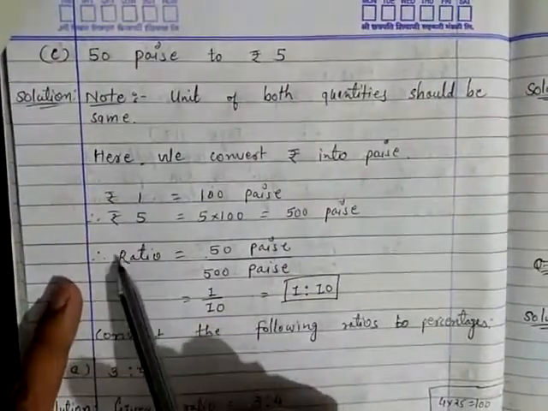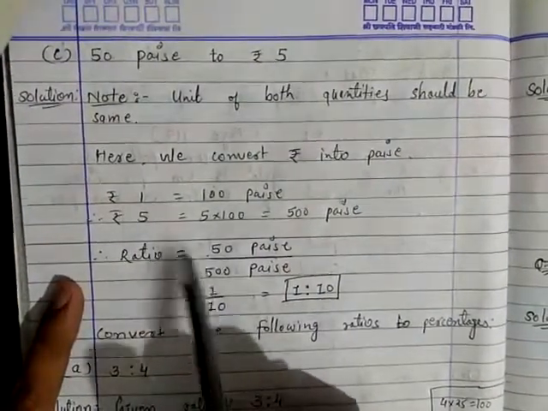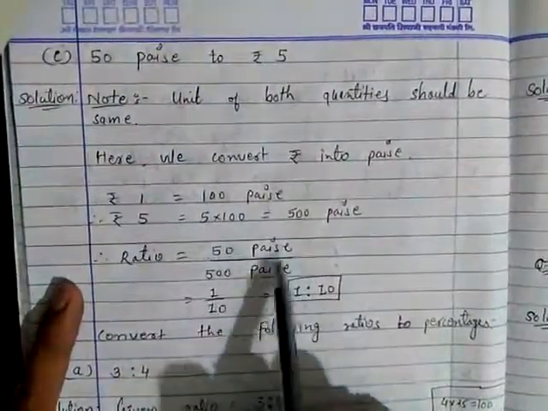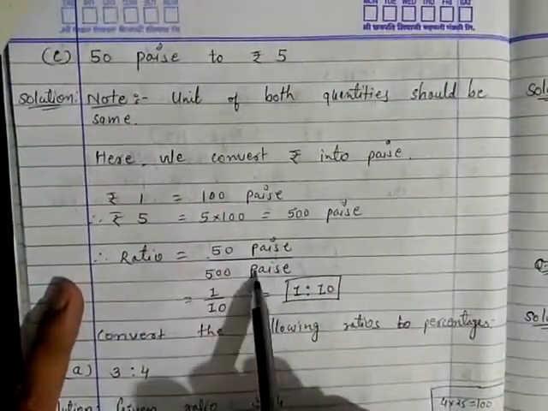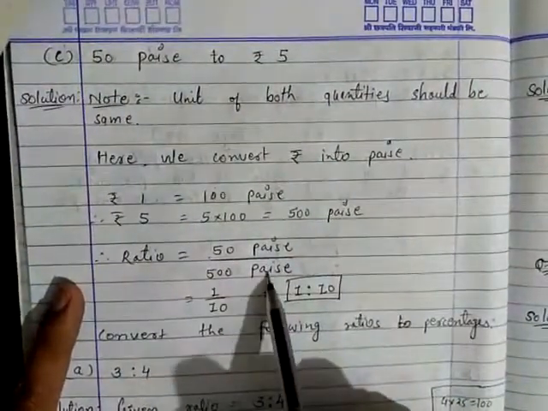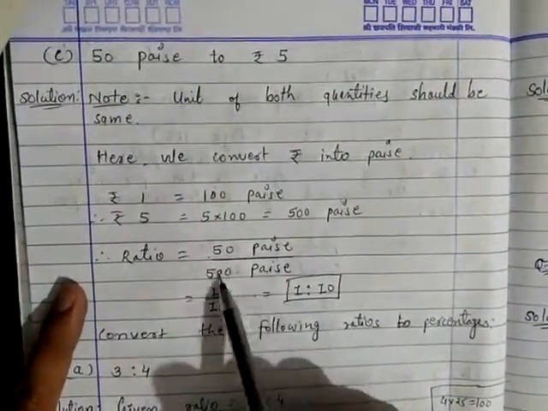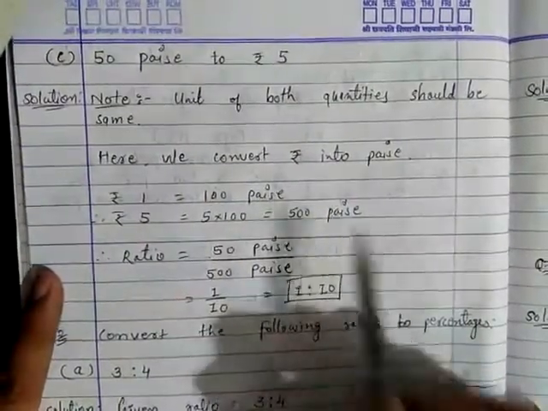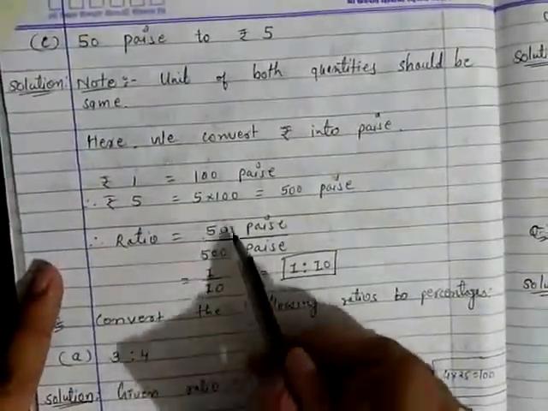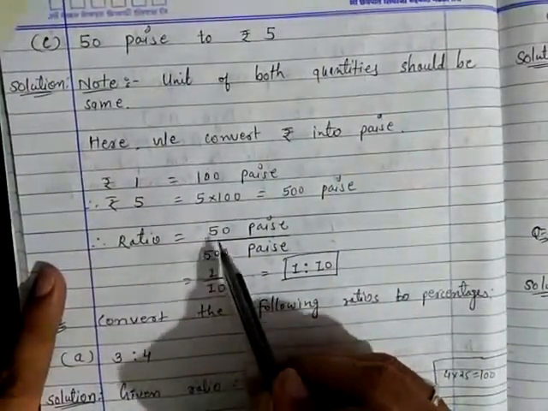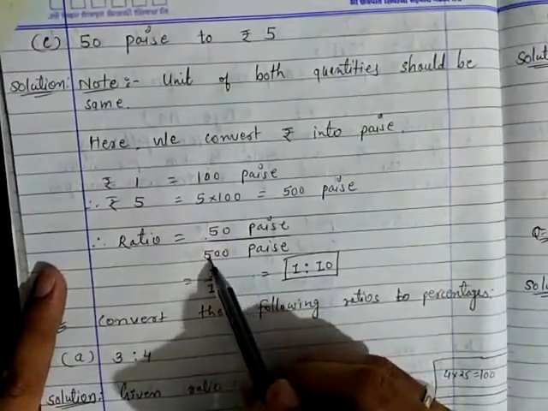Now the ratio is equal to 50 paise upon rupees 5. Instead of rupees 5 we write here 500 paise. How did we get 500 paise? This is the calculation, we converted into paise. So now see 50 upon 500. 0 is common, so cut it.